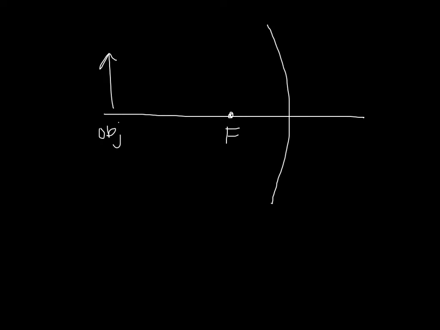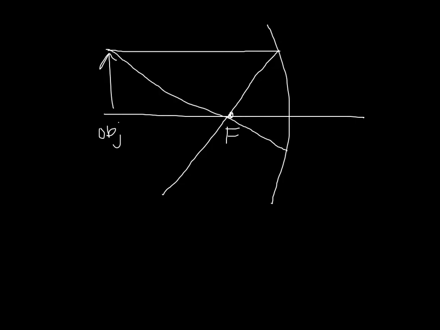Well, we need to draw a ray out from the object parallel to this center line, and then it reflects down through the focal point, and then through the focal point and out parallel. Where those cross is where the image occurs.